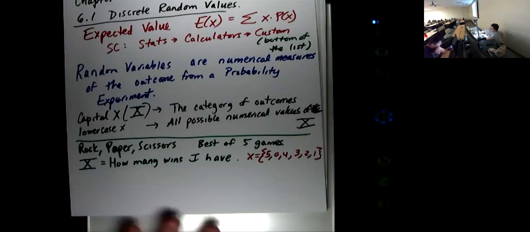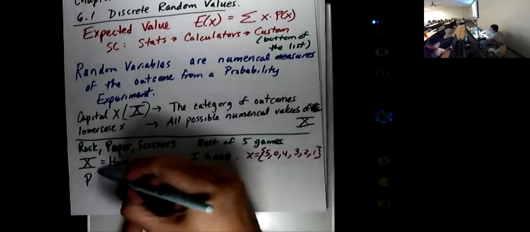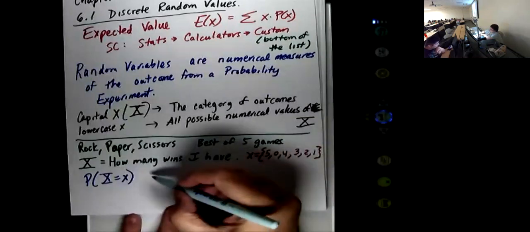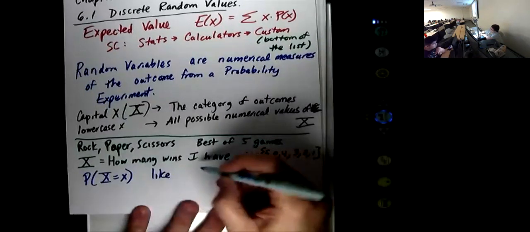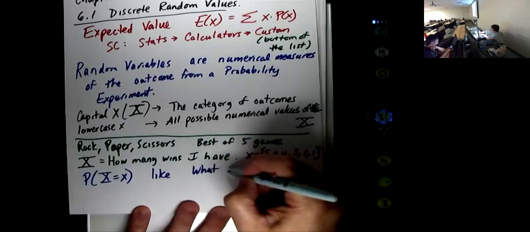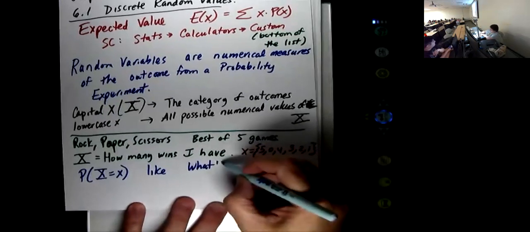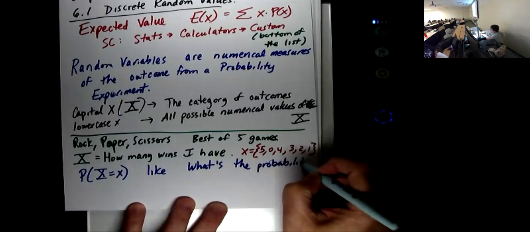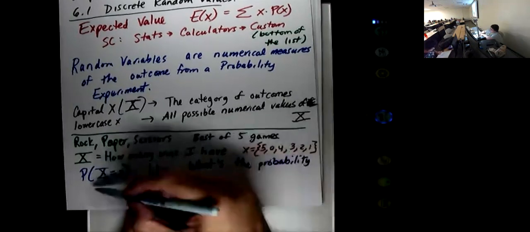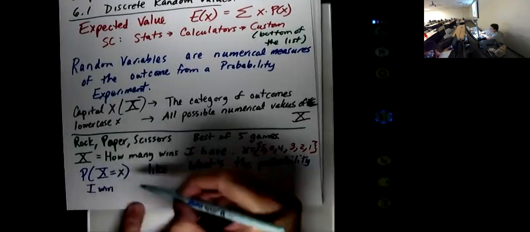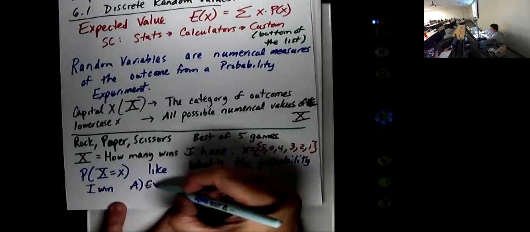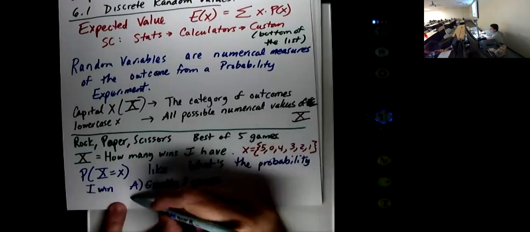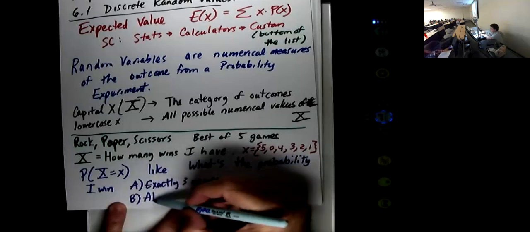So then we could measure the probability that big X equals a specific x. Like, what's the probability I win 3 or more games? Maybe we'll do A, exactly 3 games, and B, at least 3 games.